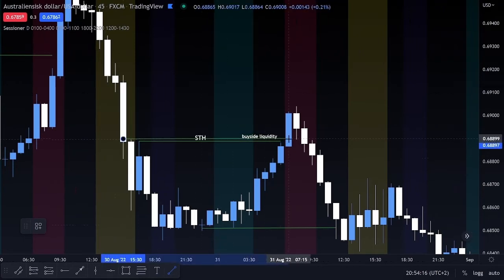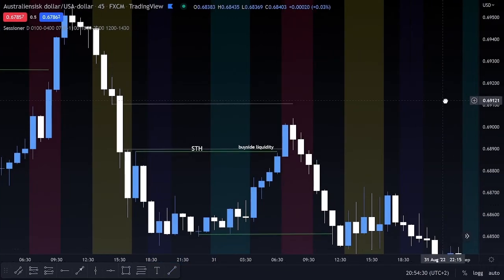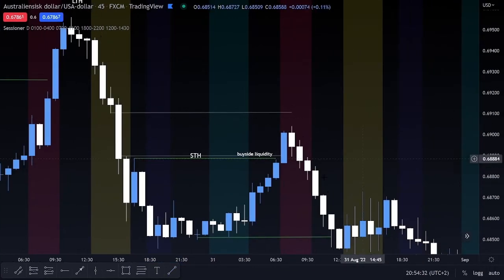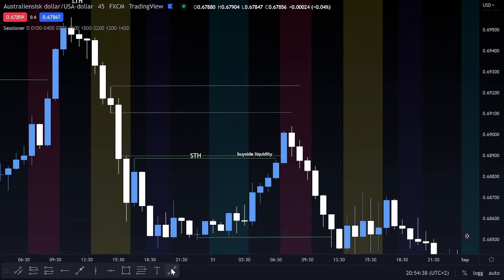Do it like this. Changing color, representing some imbalance. Here and here. We also have some imbalance up here, actually. So we can identify that too.